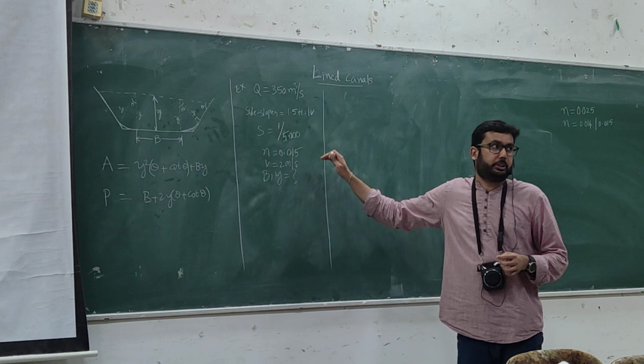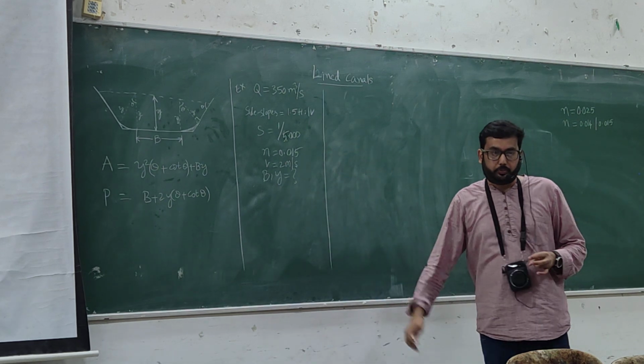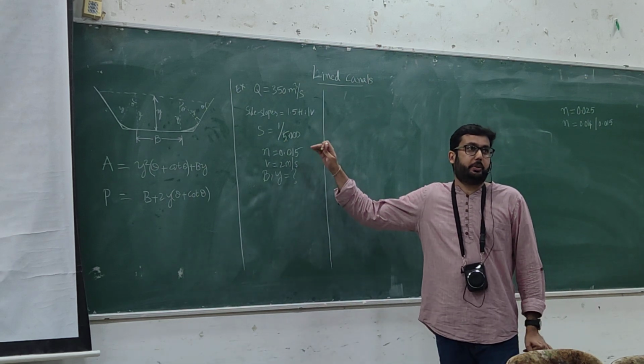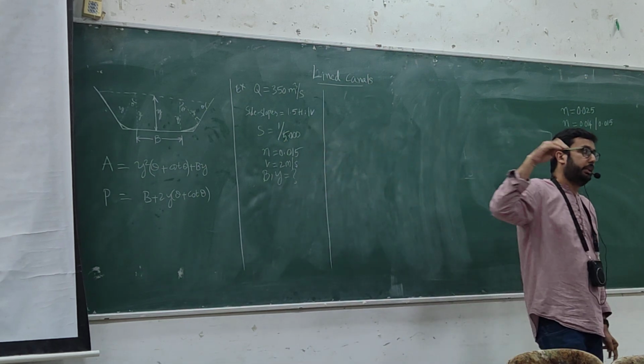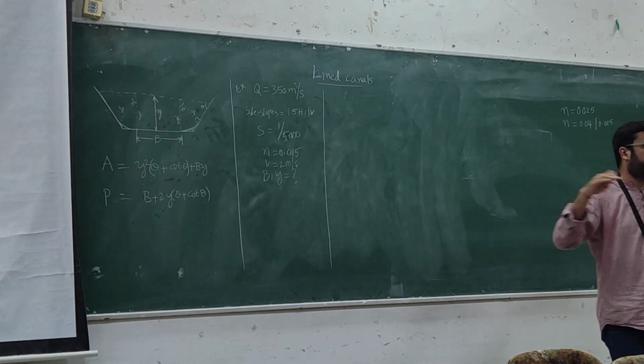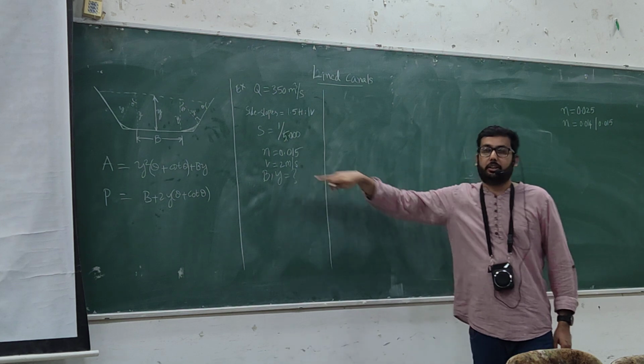Let's say 2 meters per second is the maximum permissible velocity in that channel. We cannot exceed 2 meters per second, because if we exceed it, we can see eroding of the concrete or whichever lining we are using. So for that reason, we are limiting it to 2 meters per second.